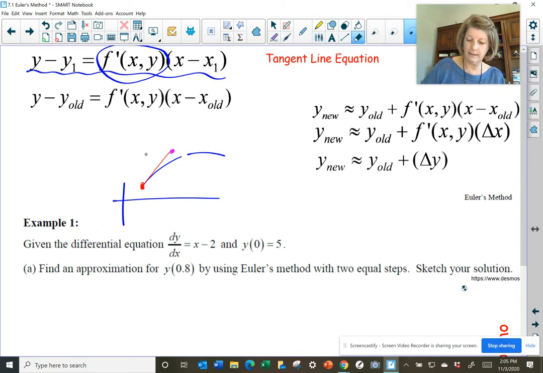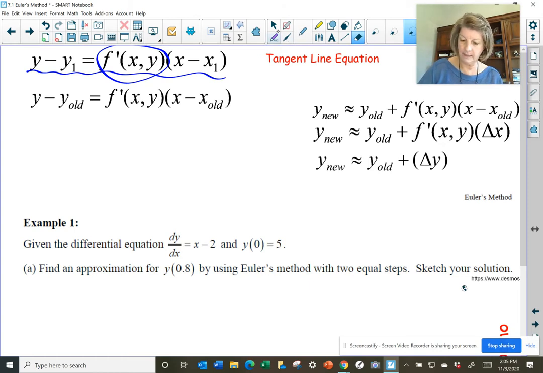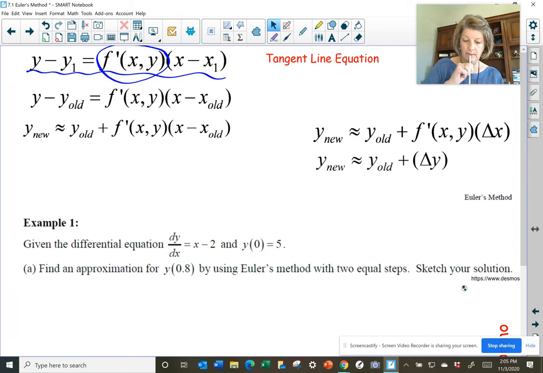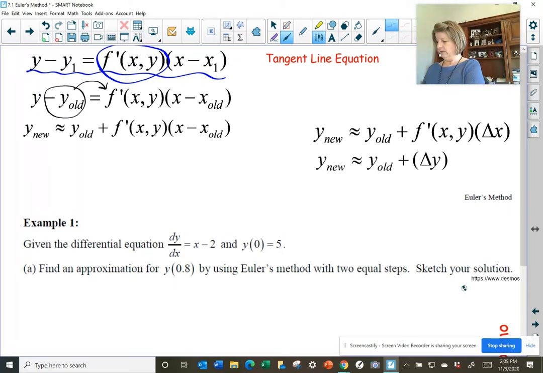So then next, what's my next update? Oh, linear approximation is what I'm trying to illustrate on this next modification. So just a little bit of algebra. I'm moving this over to the right side of my equation. So I'm going to have y sub old plus this stuff: f prime, the slope, times the difference in the x's.